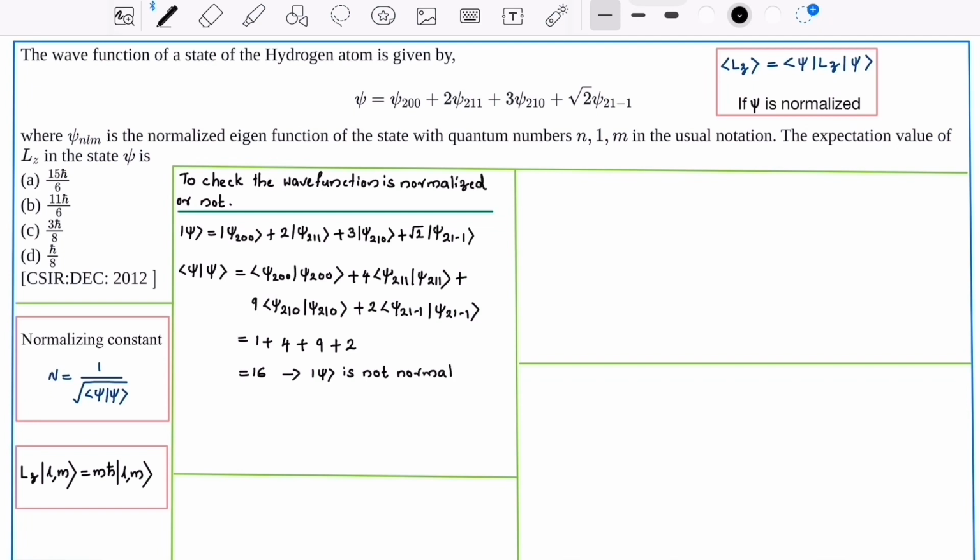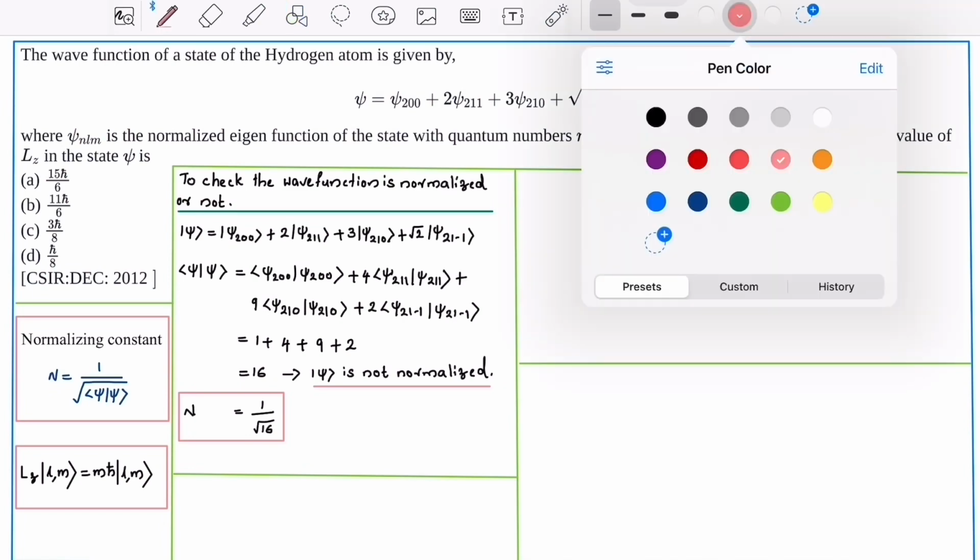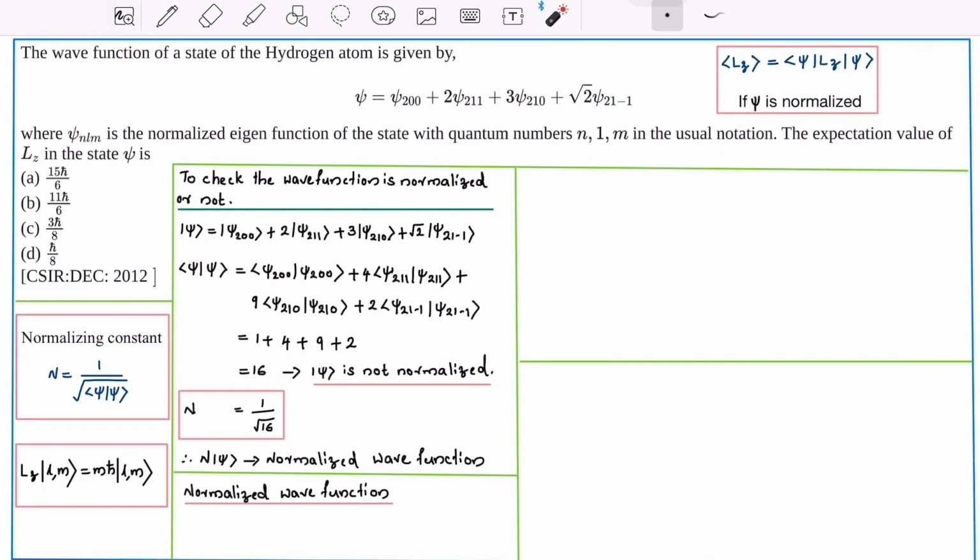So we have to introduce a normalization constant n given by 1 by root of the inner product of psi with psi. Here n is equal to 1 by root 16. When you multiply the given wave function with this n, the wave function becomes normalized. So actually n times psi represents the normalized wave function, where n is equal to 1 by root 16.